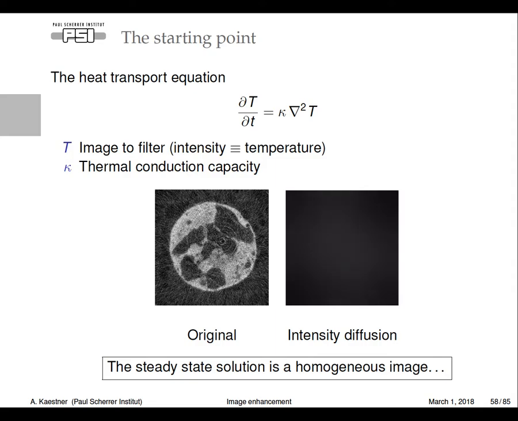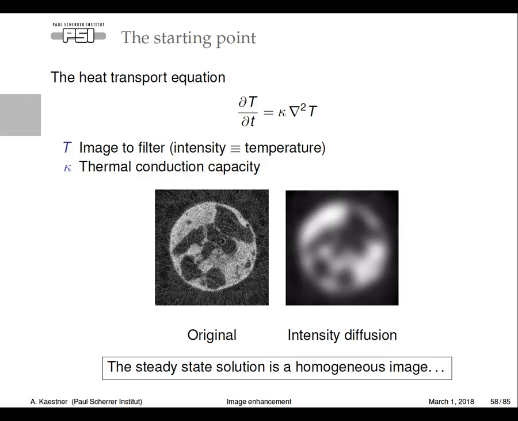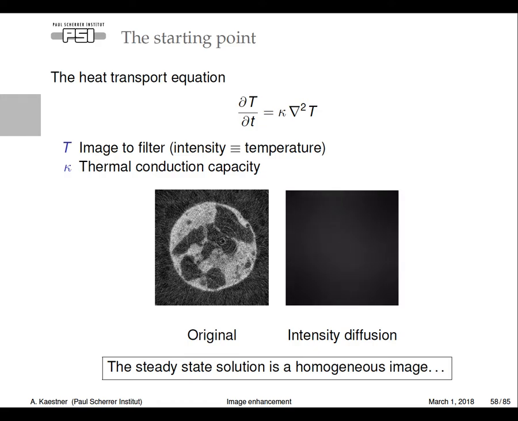And looking into the diffusion filter, so going to the start point, this filter is inspired by the heat transport equation. So you have temperature and you have some diffusion coefficient, and then you can actually, in the end, you say that the image to filter is corresponding to the temperature that you want to let transfer.